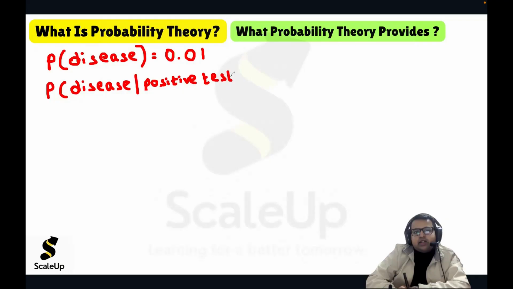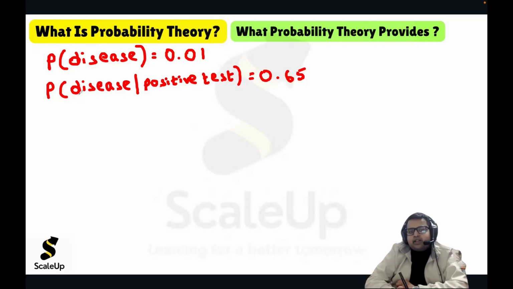The input here is symptoms. We give some symptoms to the machine learning model, and it predicts the probability of disease. With those symptoms, the probability of disease is just 1%, 0.01. But we also gave it more evidence, that the test was positive, and because of that the probability increased, it became 65%, 0.65.